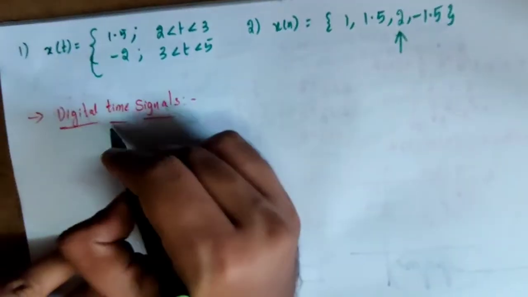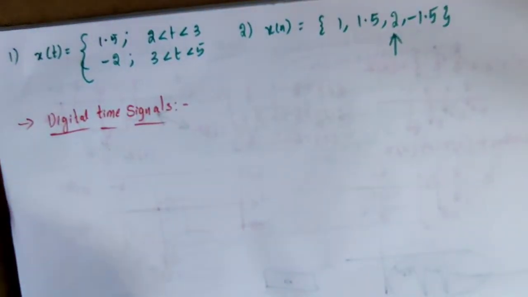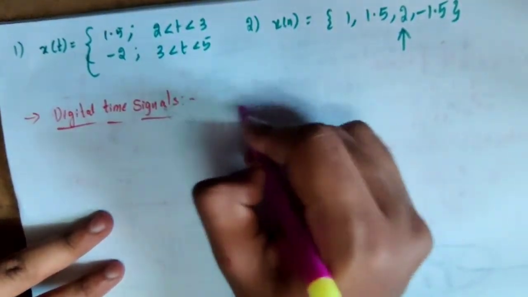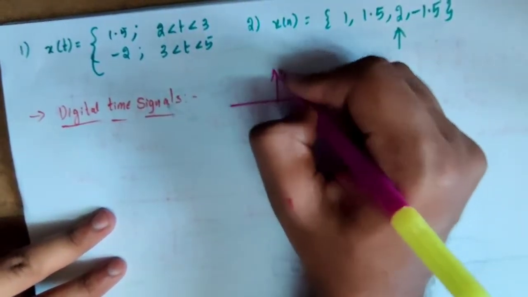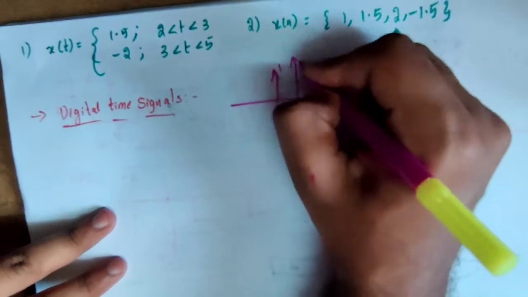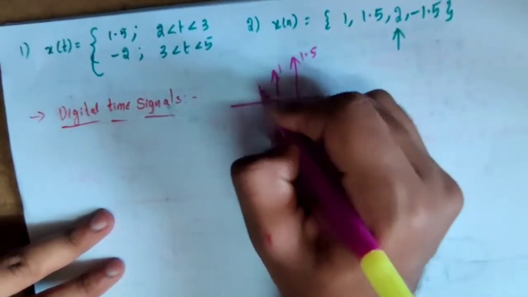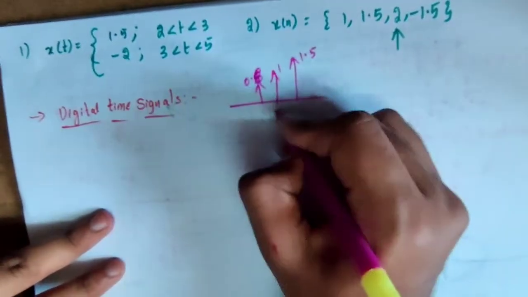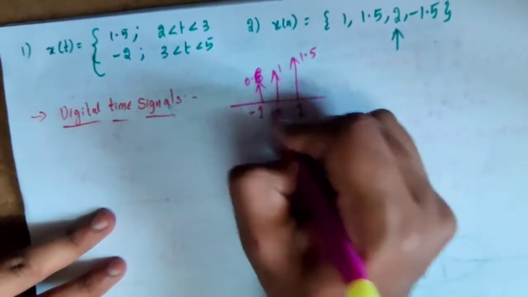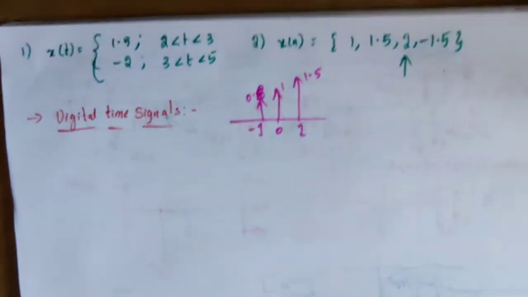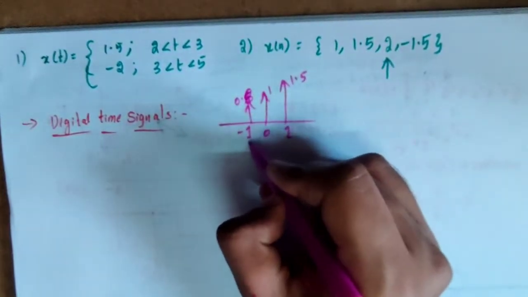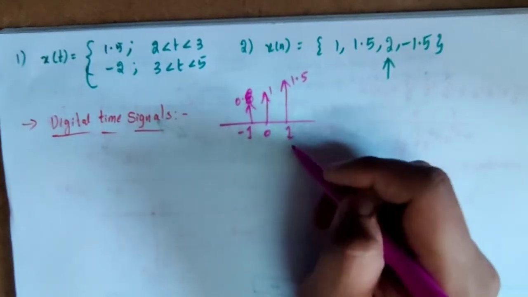So before going to digital time signal, let us recap what was meant by discrete time signal. Let us draw one. This is 1, this is 1.5, and this is 0.5 or 0.8, 0, 1, minus 1. Let us consider this one discrete time signal or sequence. Here we can clearly see that it is only defined for the integer values of time.